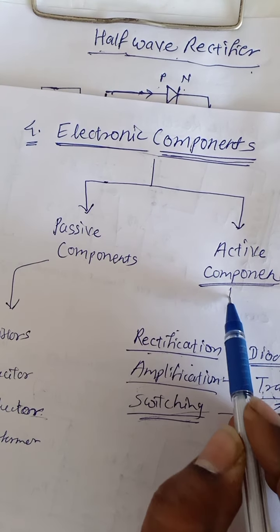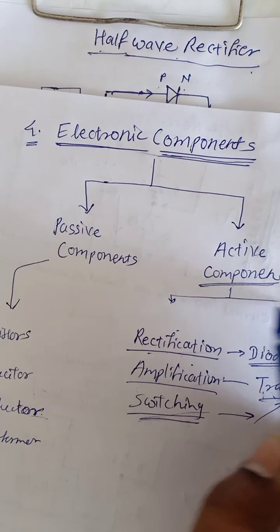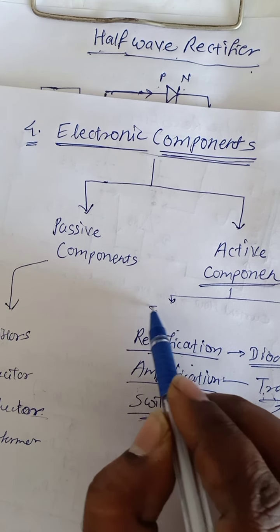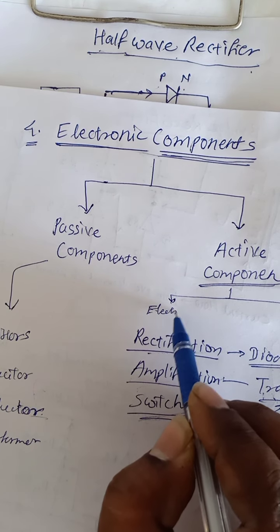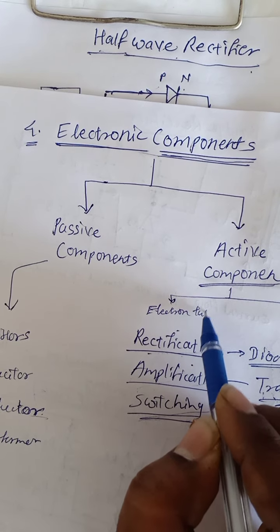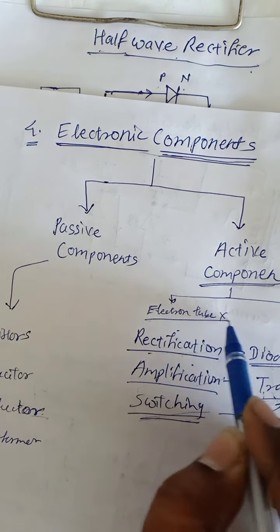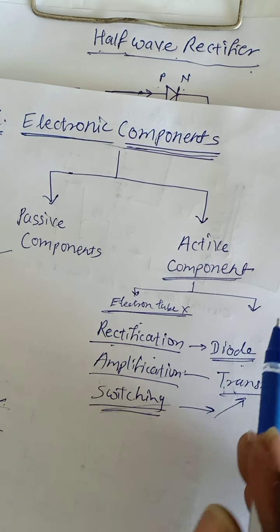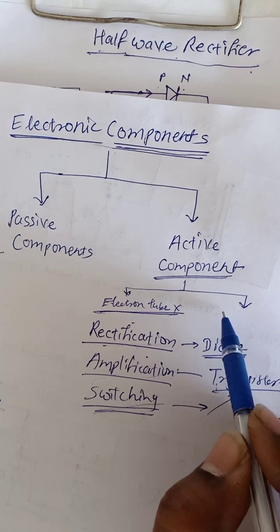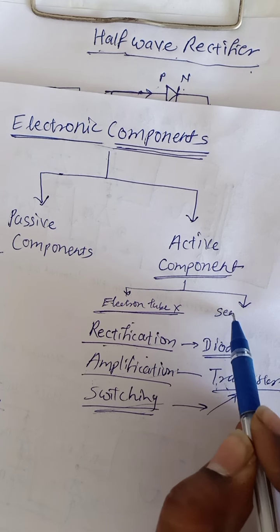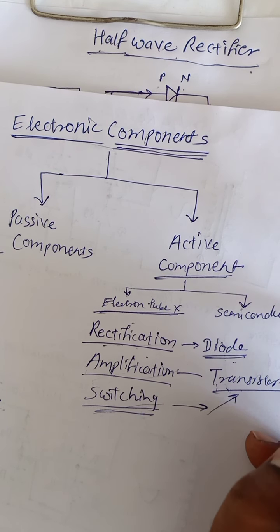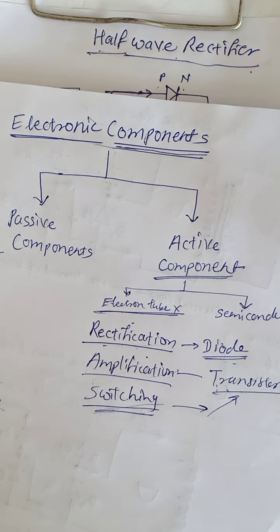The active components are again divided into two parts. The first one is the electron tube. Last time we saw this electron tube, and it is totally outdated. The second group is semiconductors.